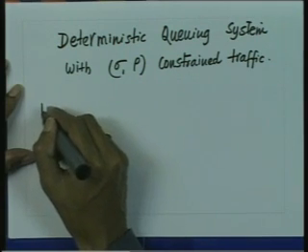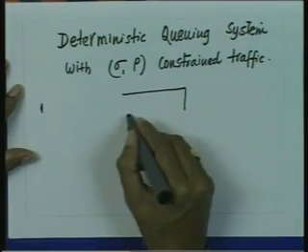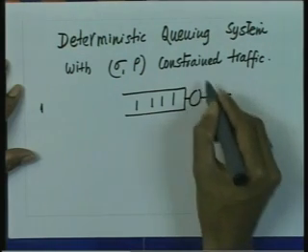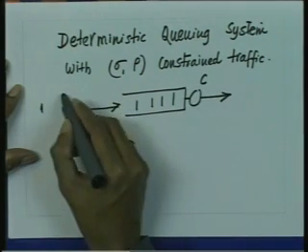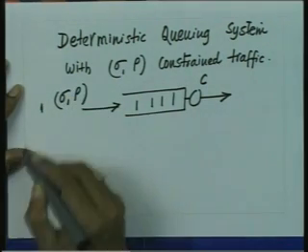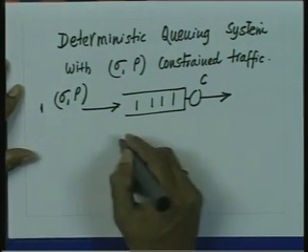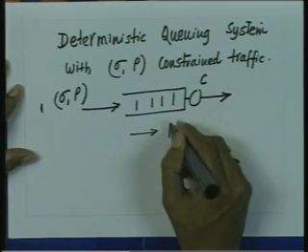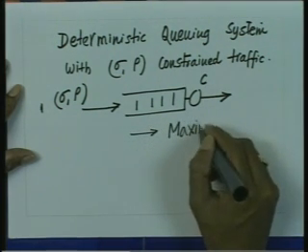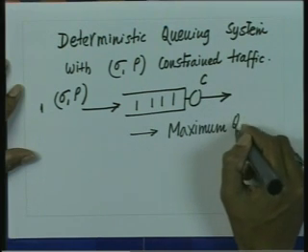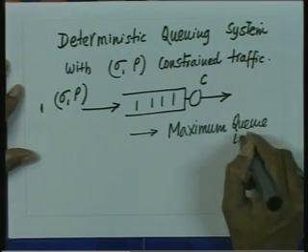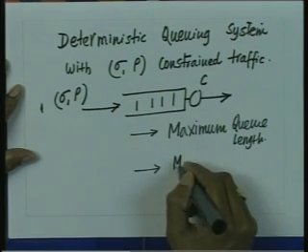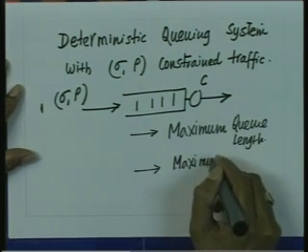What we are saying essentially is that there is a buffer which is serving at the rate of C. Input is now sigma-rho constrained traffic, and we would like to know two things. One is what is the maximum queue length. Okay, and the other thing that we would like to know is what is the maximum delay.